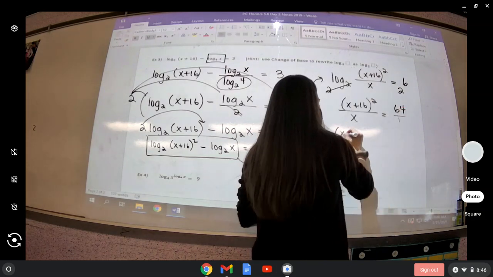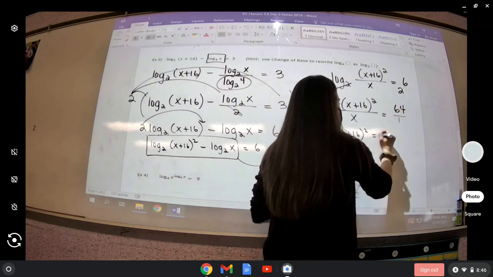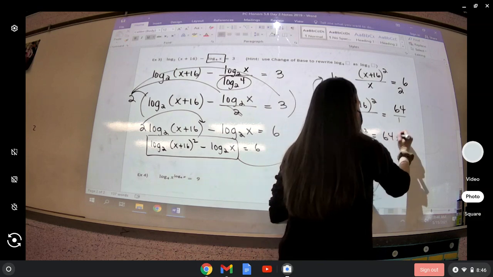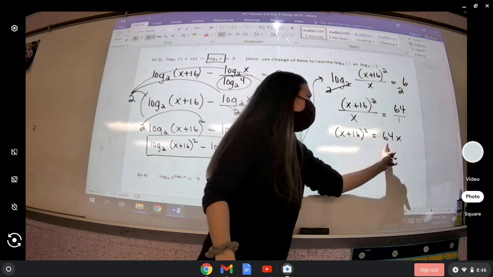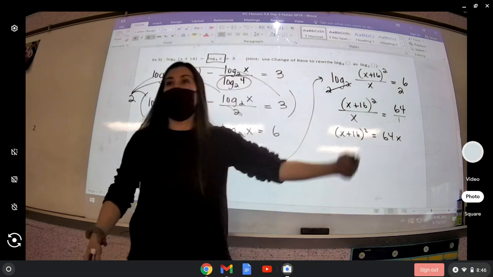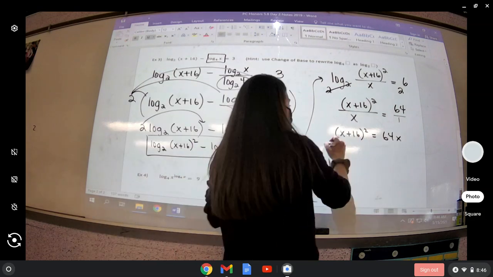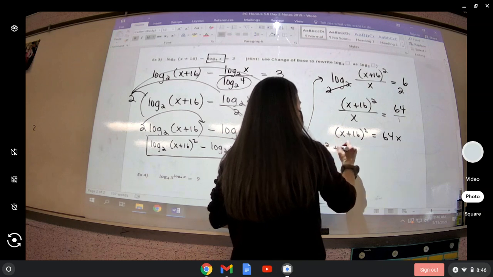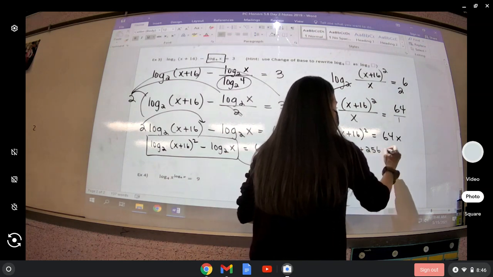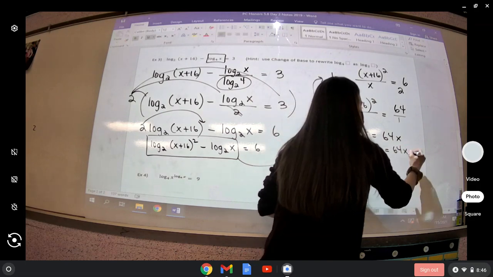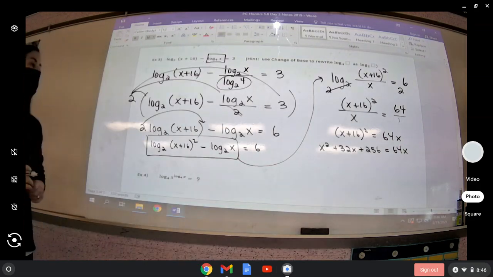So now I'm going to get (x plus 16) quantity squared equals 64x. Well, we're going to have to FOIL this out, guys, because I don't want to square root both sides. I won't be able to square root just an x. So FOIL that out, you get x squared plus 32x plus 256 equals 64x.